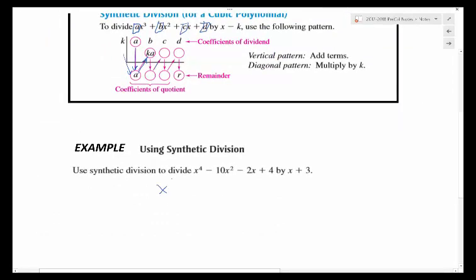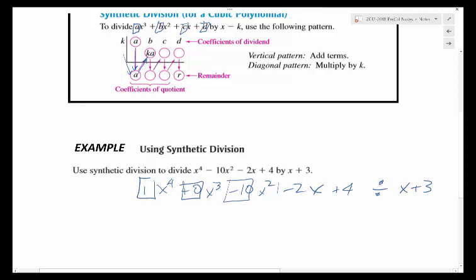So if I have x to the fourth plus 0x cubed minus 10x squared minus 2x plus 4, and I'm going to divide it by x plus 3. My terms here are 1, 0, negative 10, negative 2, and positive 4. So in this case, if x plus 3 equals 0, then x will equal negative 3.